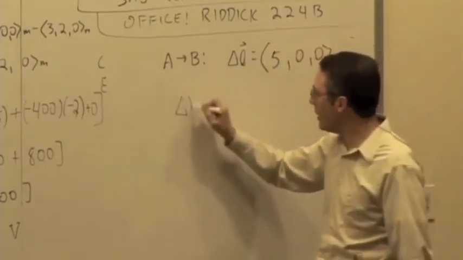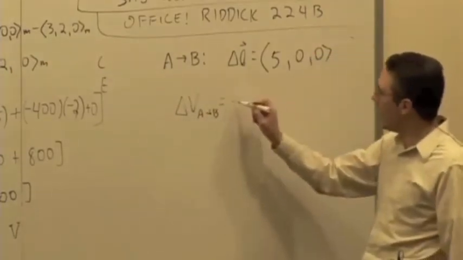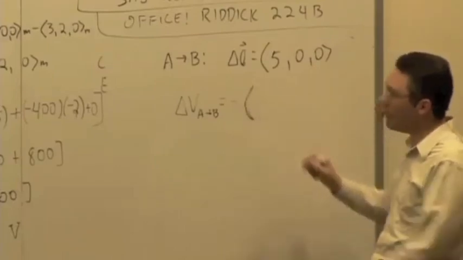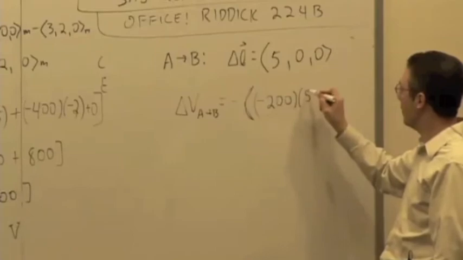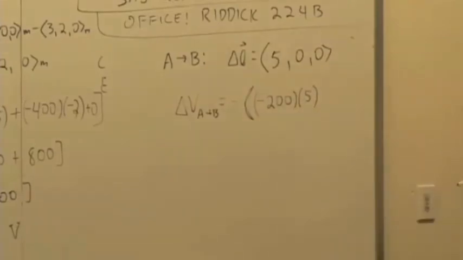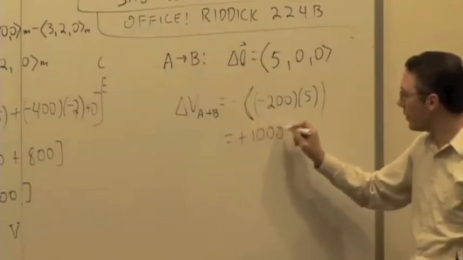So I have delta V going from A to B, we have a negative, I have negative 200 times 5, and then 400 times 0 and 0 times 0, so I'm just going to get positive 1,000 volts.